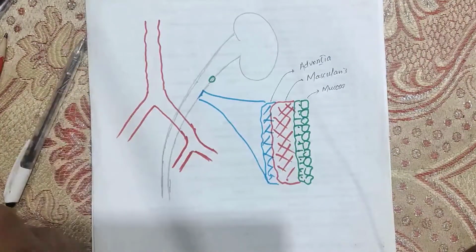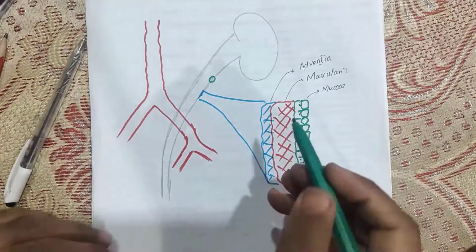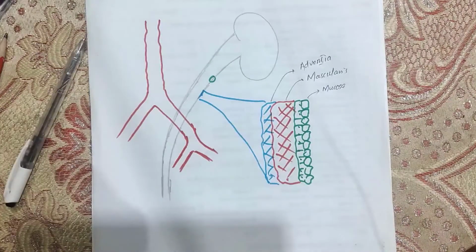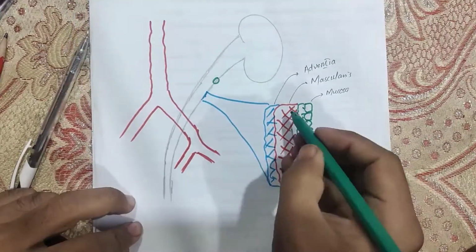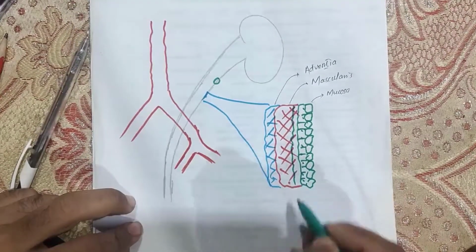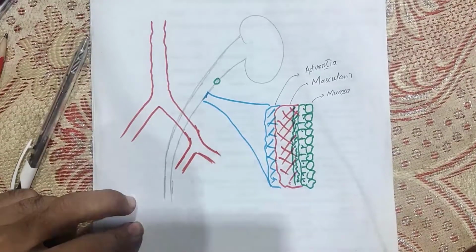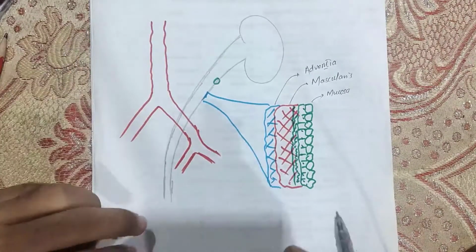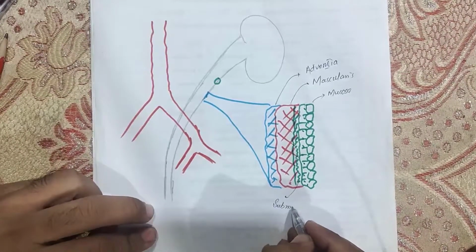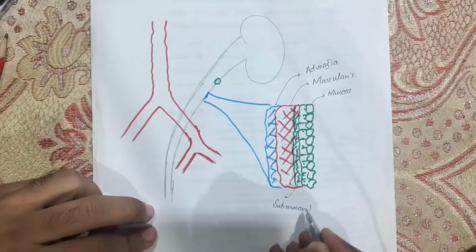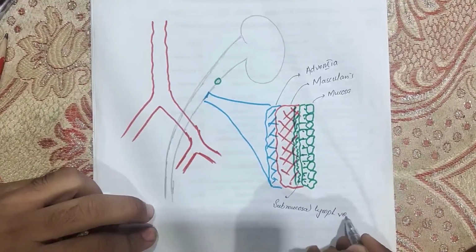Now look, the lymphatics will flow from which parts? Look carefully. There are small vessels, right? If this is the mucosa, then there is the submucosa here. So from here, the submucosal lymph vessels. Let me write here: these are submucosal lymph vessels.